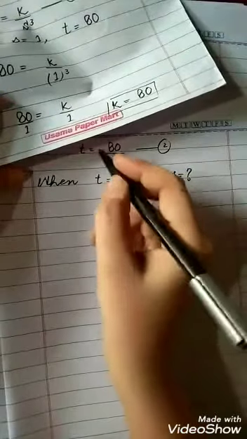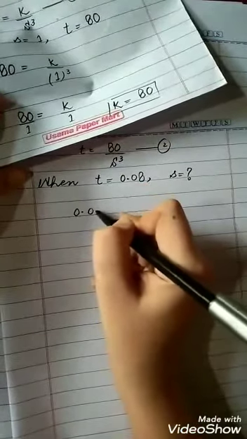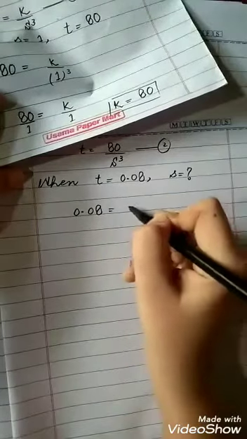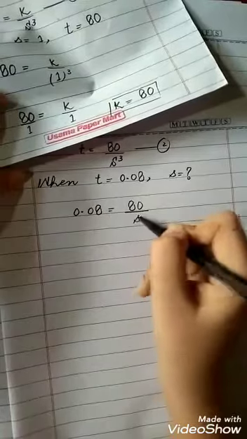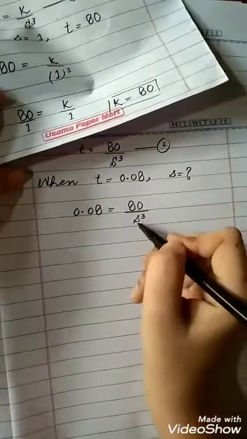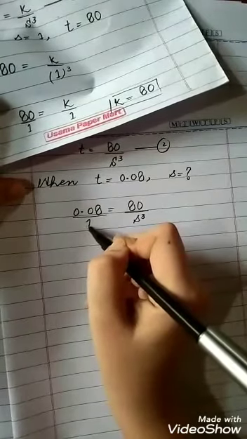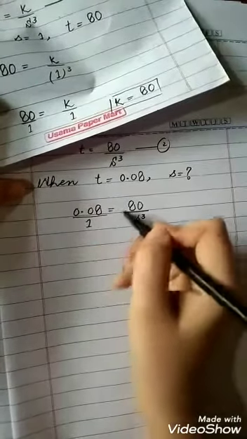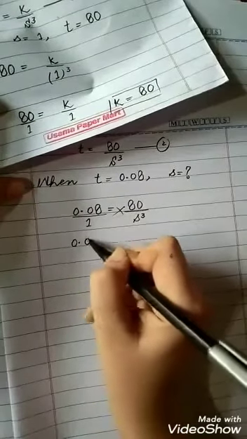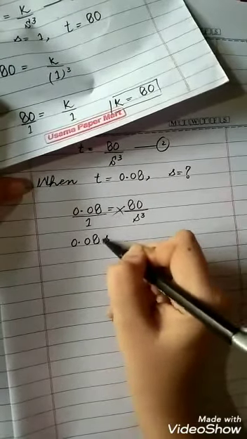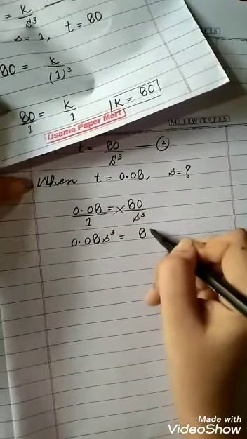So we will place these values here in this equation. 0.08 is equal to 80 by s cube. We want to find the value of s cube, so we cross multiply. 0.08 s cube is equal to 80.